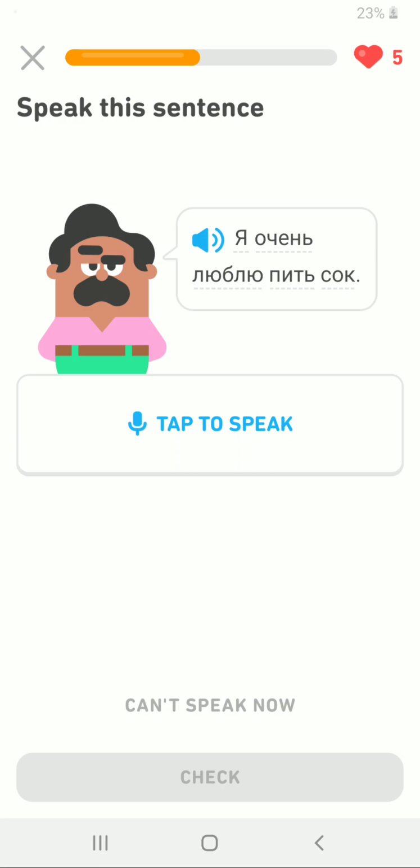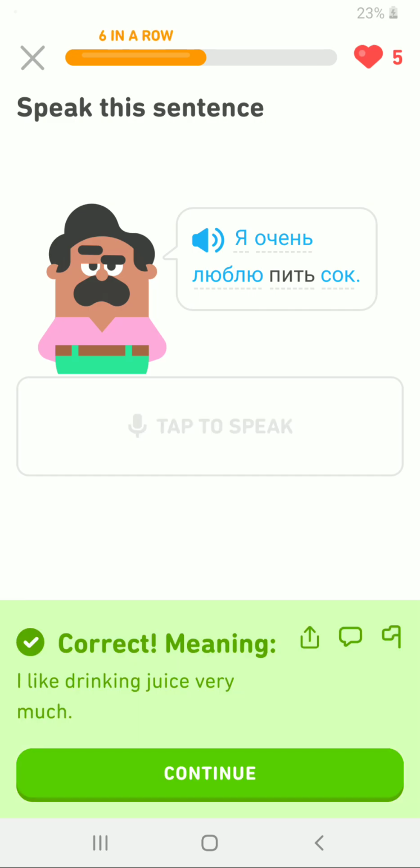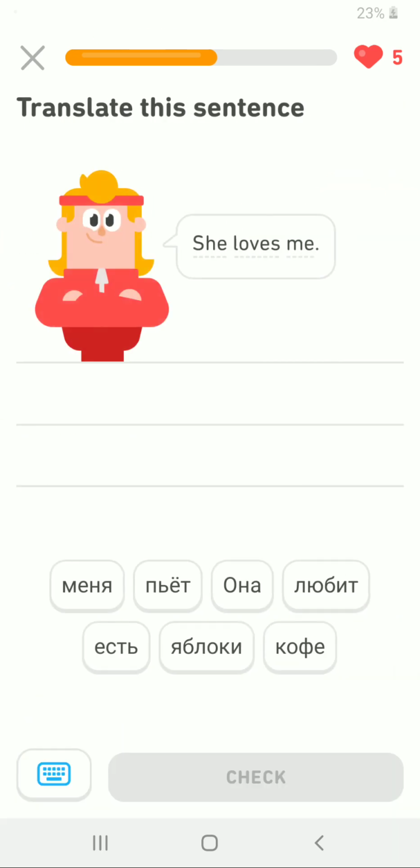So I like to drink beer. Here it's сок. Is it пиво? I think maybe пиво, because you have to change the ending. Я очень люблю пить сок. Сок is juice.